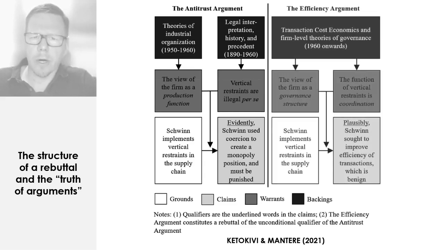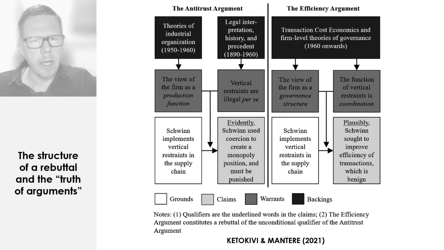The counter-argument, or the rebuttal, was built on a very different logic. It did not deny the grounds of the antitrust argument. In fact, the grounds were never in dispute: yes, Schwinn had implemented vertical restraints in the supply chain. That was accepted as an empirical fact.